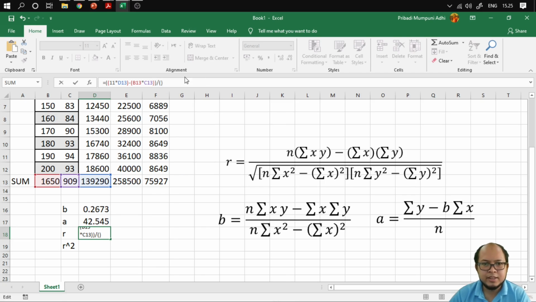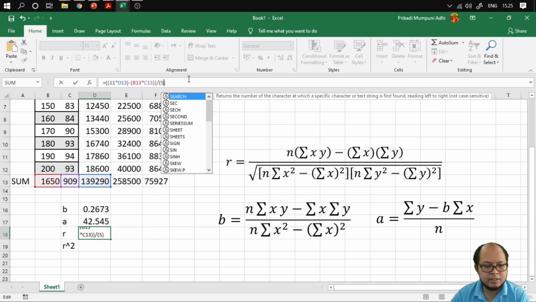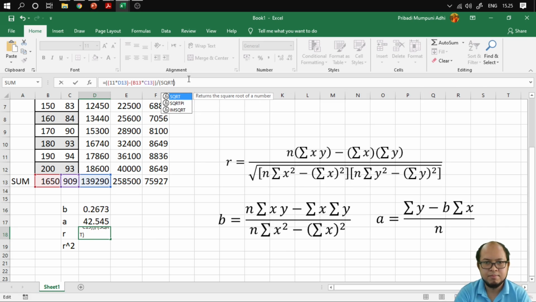So it will be like this, divide by sqrt of 11 multiplied by sigma x square.